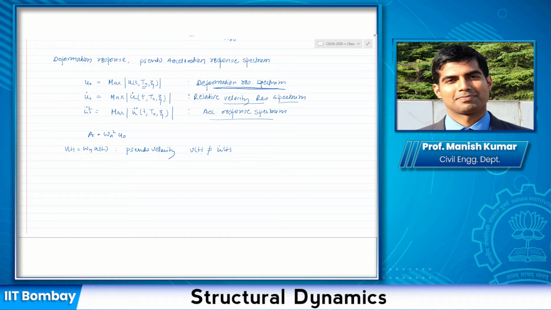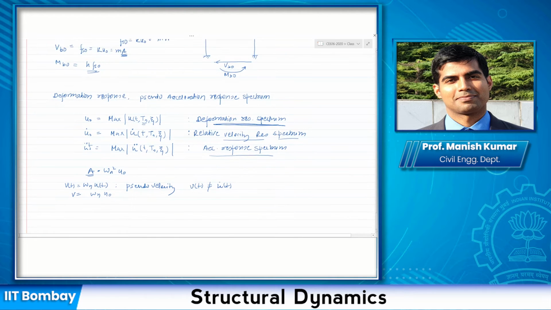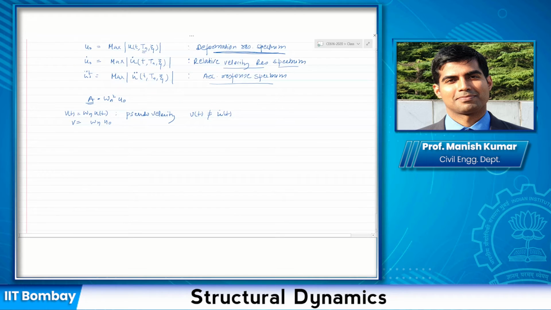So the maximum value of the pseudo velocity would also be omega n times U naught. Now remember, the base shear actually depends on the pseudo acceleration, so we are interested in knowing the relative deformation. Let us call this capital D now.